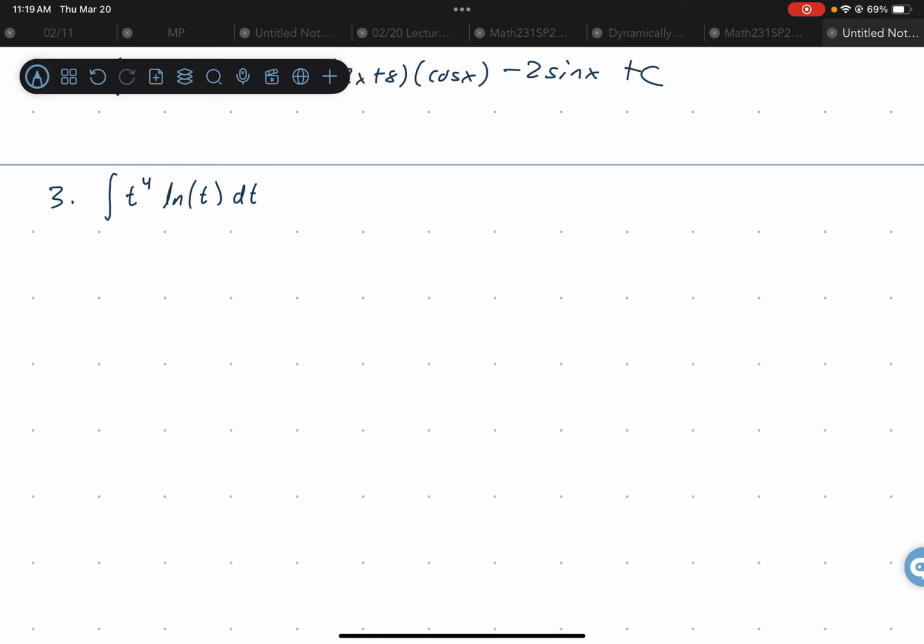Here, we need to decide carefully what our u is going to be and what our dv is going to be. Because here's where it gets tricky. If you look at it, ln of t: the derivative of ln of t, let's write the derivative up here, is going to be 1 over t.